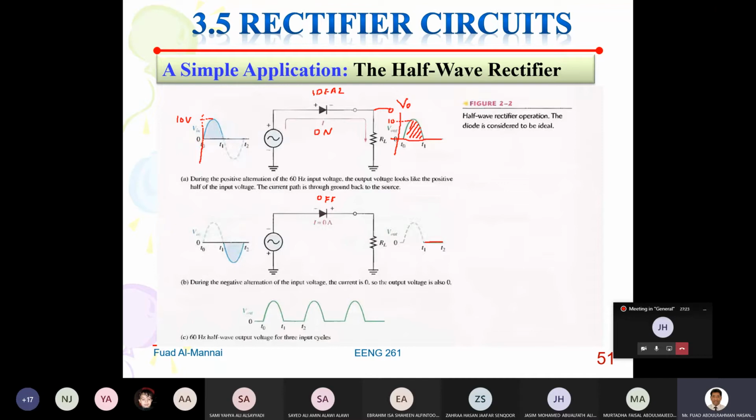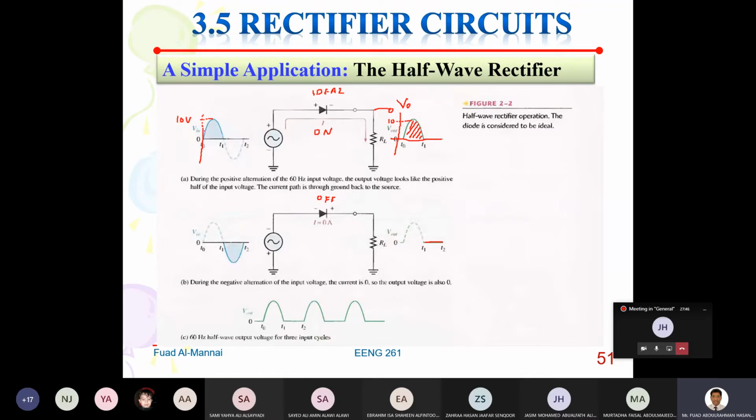Now, when the voltage here is, say, 0.1 volt, because it's an ideal diode, it will be on, short circuit. So the 0.1 will appear here.